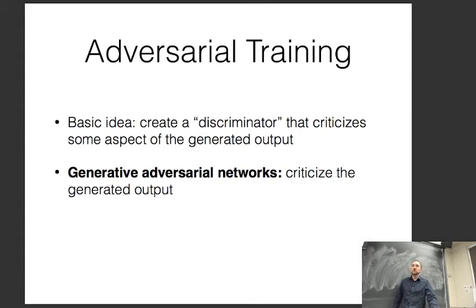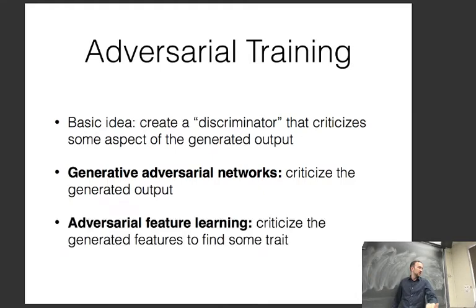These try to criticize the generated output: you generate an output, and then a discriminator criticizes it and says whether it's good or not. Another is adversarial feature learning. Here you don't directly criticize the output itself, but you criticize the features learned by the model, and then use that to improve your output indirectly. So these are two different things. I'm going to talk about each of them in turn here.